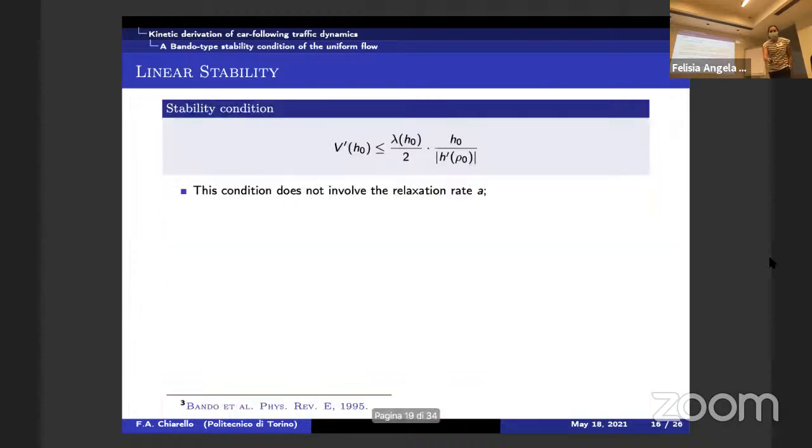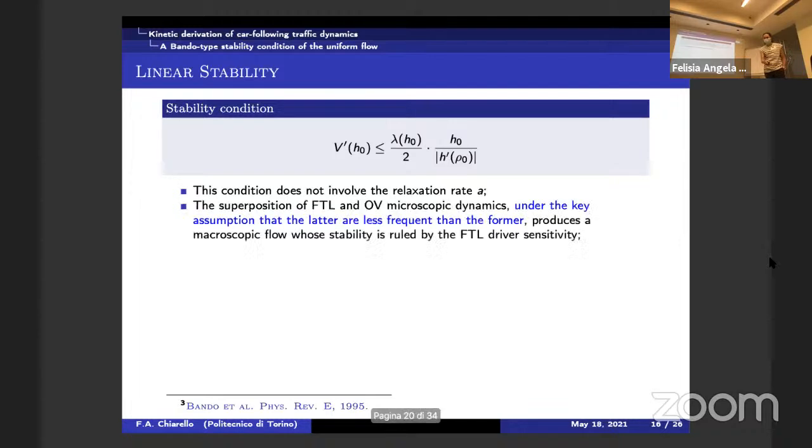So the stability condition that we get is this one that involves the sensitivity parameter of the follow the leader interactions. This condition does not involve the relaxation rate A, so the relaxation rate of the optimal velocity part.